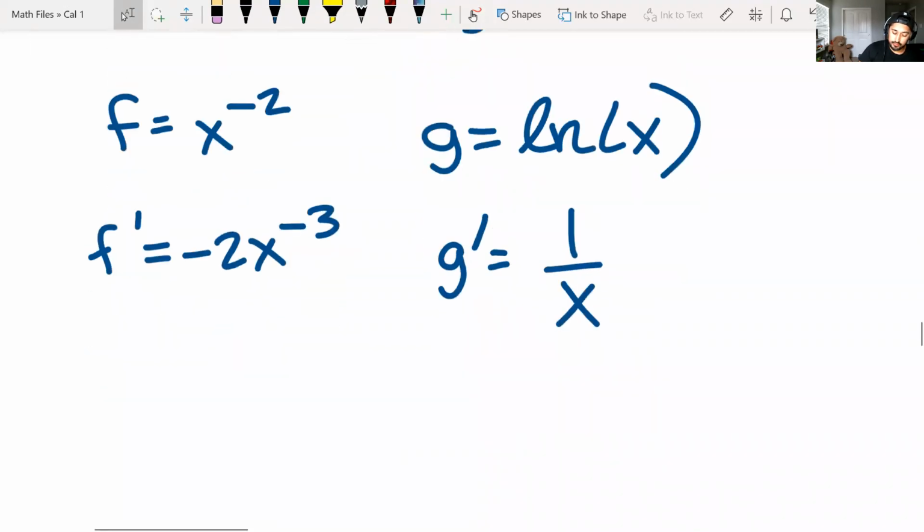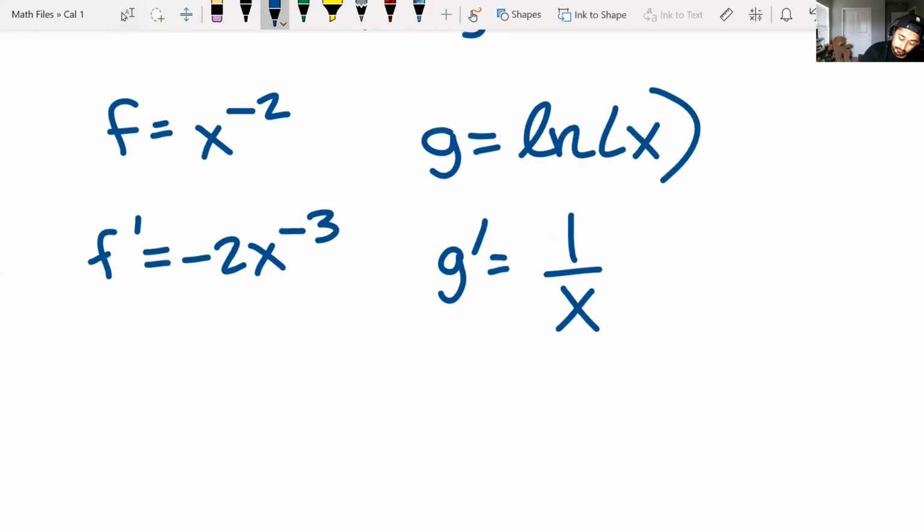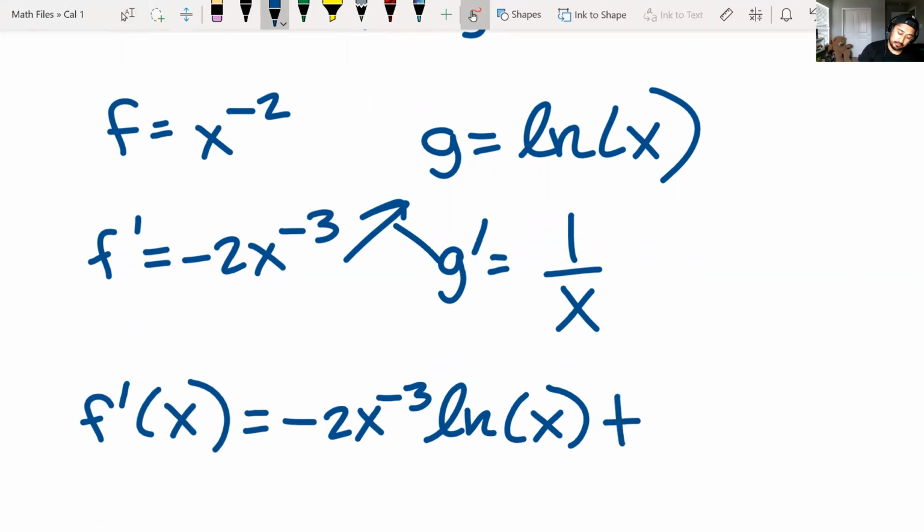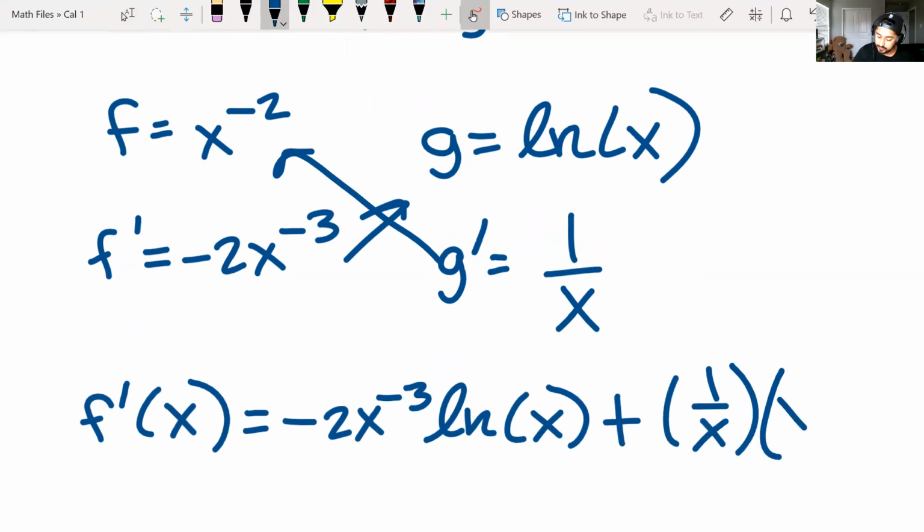Okay, follow the product rule. F prime of x, f prime g, negative 2x to the negative 3 natural log x plus g prime f, that's 1 over x times x to the negative 2.